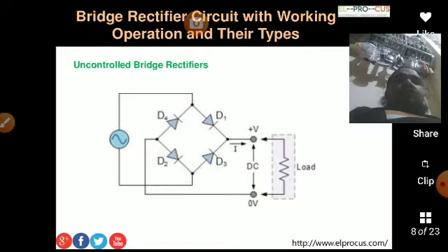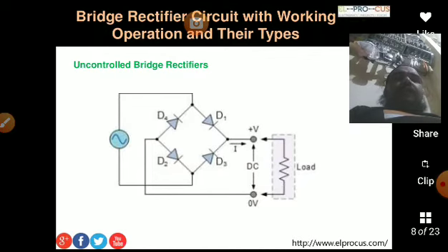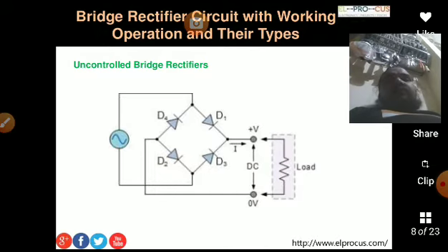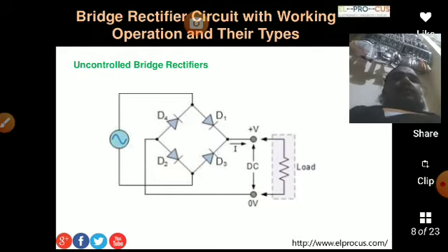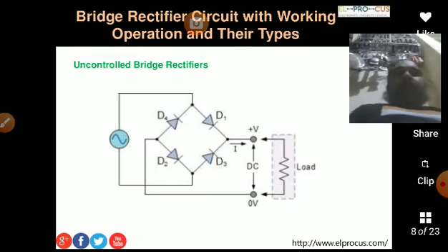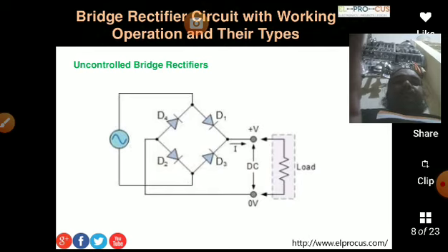These are the connections of the single phase bridge. The input signal is connected in between diode 1 and diode 4, and the second pin, the negative pin, is connected to diode 2 and diode 3.